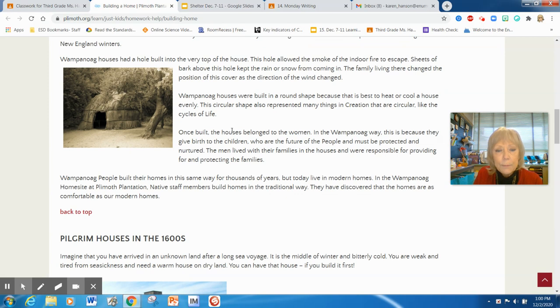Oh, once built, the houses belonged to the women. Okay, this is because they gave birth to the children and must be protected and nurtured. And the men lived with their families in the houses and were responsible for providing and for protecting the families. So they both lived in the houses together.